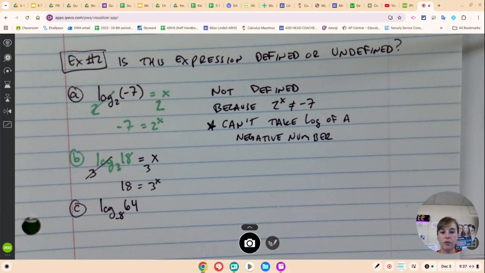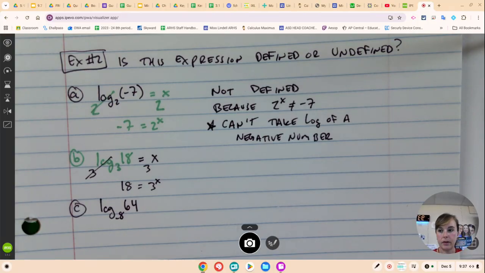All right, could 3 to some power equal 18? Yeah, 3 to some power will equal 18. It might not be a nice whole number, right? It's not going to be like 3 squared or 3 to the third power. But it's going to be something between 2 and 3 because 3 squared is 9 and 3 to the third is 27. So we know it's going to be something between 2 and 3.